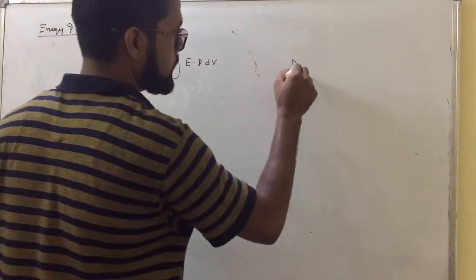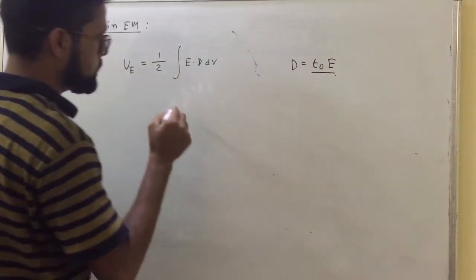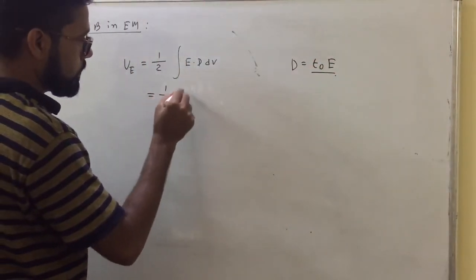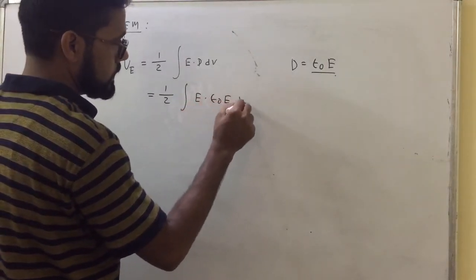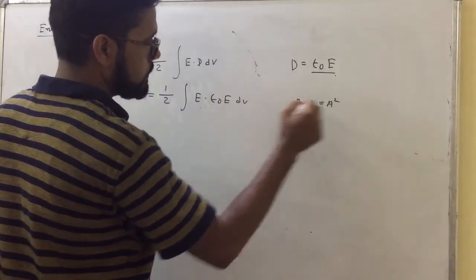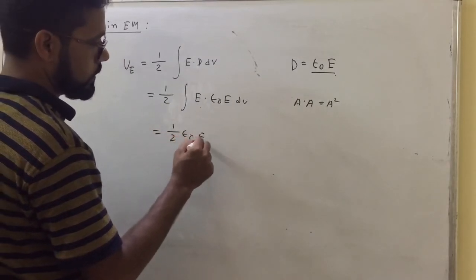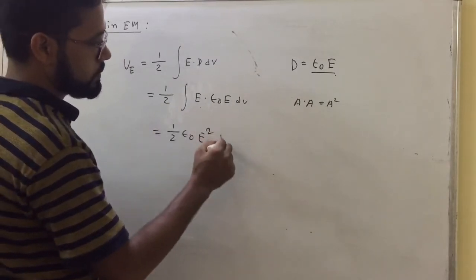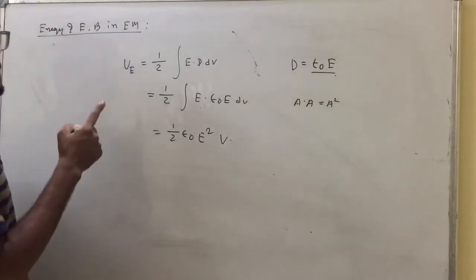But in case of free space, D equal to epsilon naught E. So E dot epsilon naught E dV. Like A dot A means A square, similarly E dot E, epsilon naught E square will come out. Integration of dV means V. This is the energy of electric field.